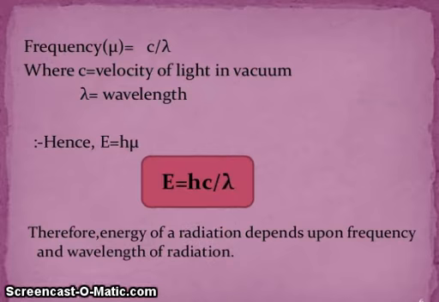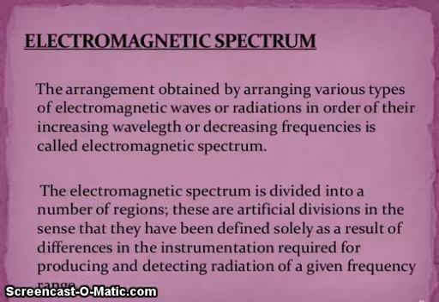Now frequency nu is represented as c by lambda, where c is the velocity of light in vacuum and lambda is the wavelength. Hence E is equal to h nu, so E is equal to hc by lambda. Therefore, the energy of radiation depends upon the frequency and wavelength of radiation.